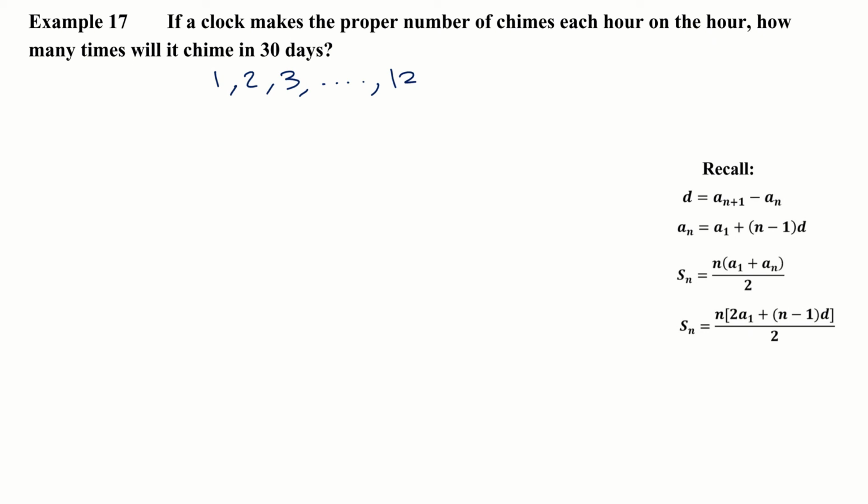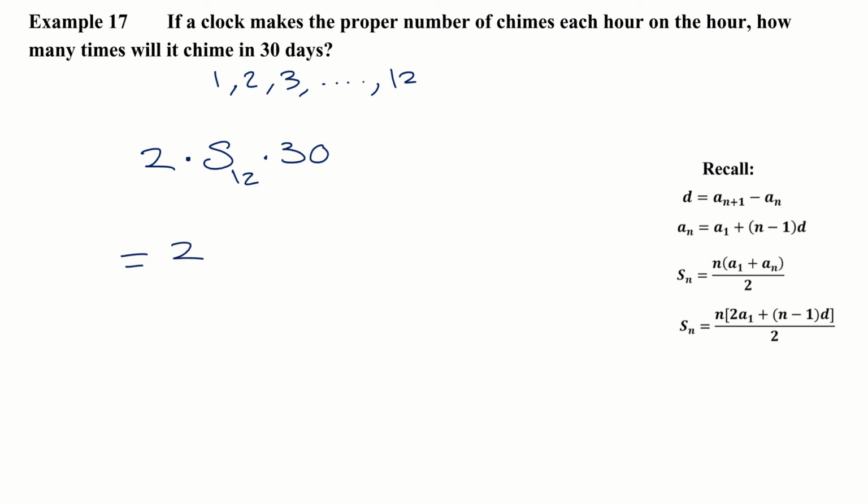So basically, we do want the sum from 1 to 12 of the terms of this sequence. However, in order to account for the fact that this is going to happen twice every day, we're going to multiply that by 2. So we want 2 times S12 for the terms of this sequence, and then of course we need to multiply that by 30.